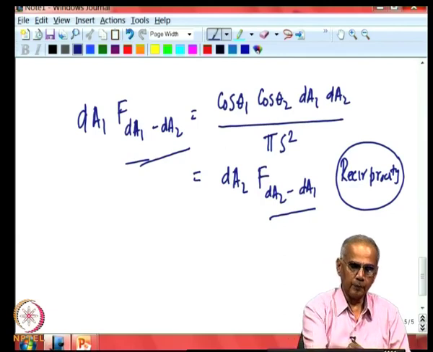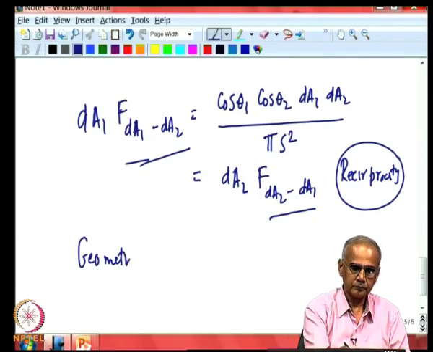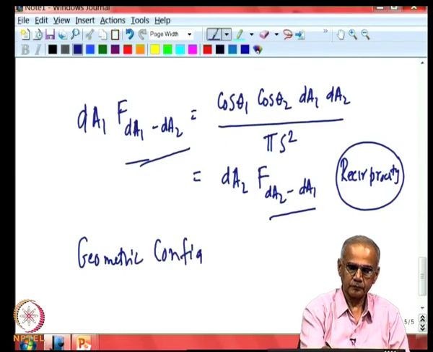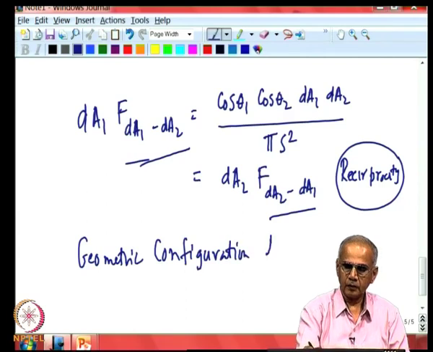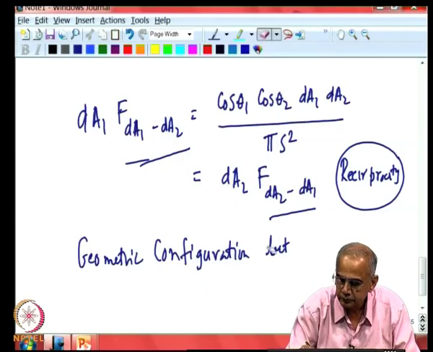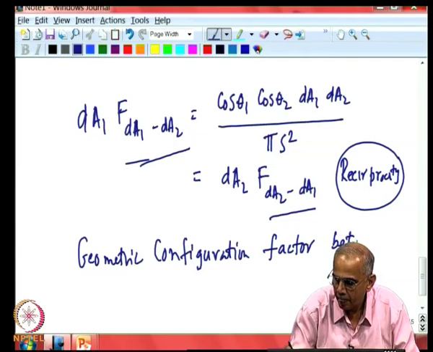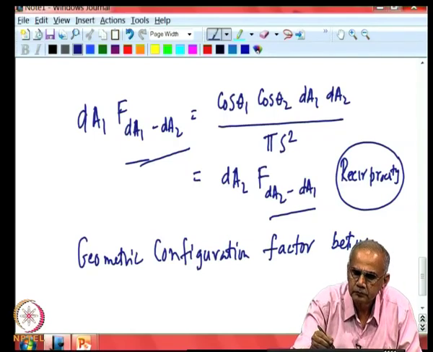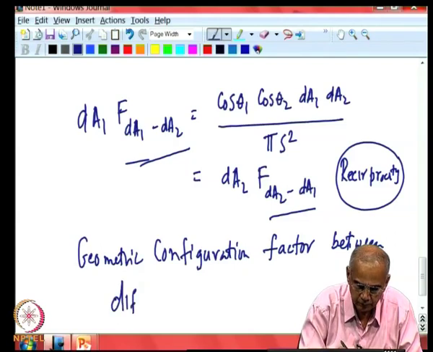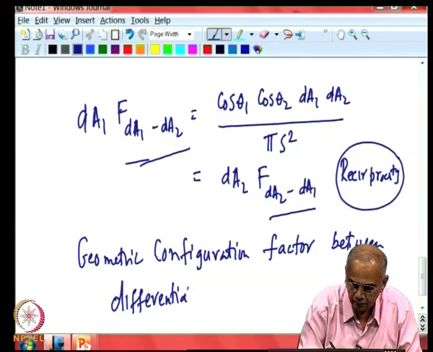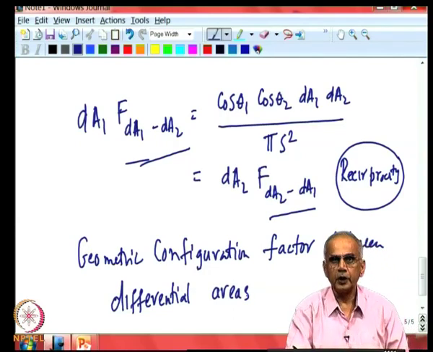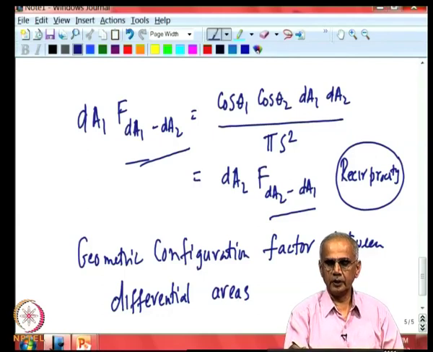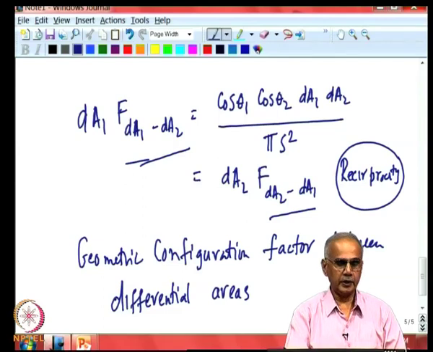Now, this geometric configuration factor between differential areas requires only one condition, that you are dealing with diffuse isotropic emitters and reflectors.